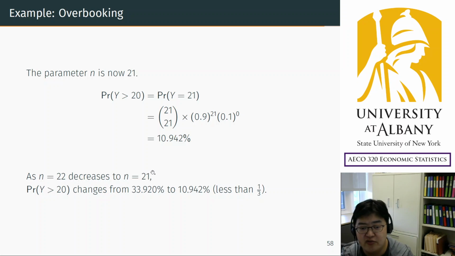What's interesting here is that when you reduce the number of reservations from 22 to 21, you may think it's a reduction by only 1 out of 22, or you may think the overbooking has decreased by half. Either way, the movement of the probability cannot be directly inferred from those numbers.